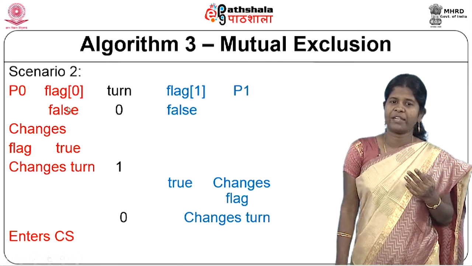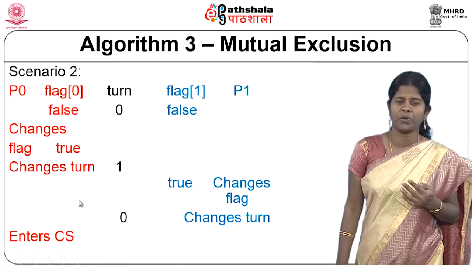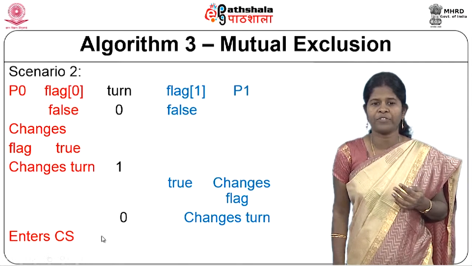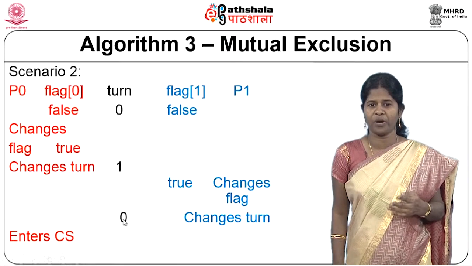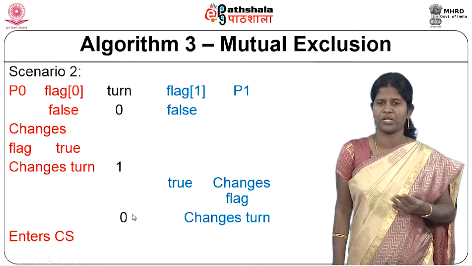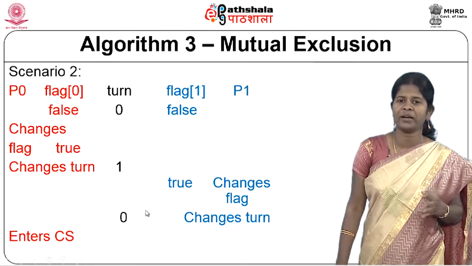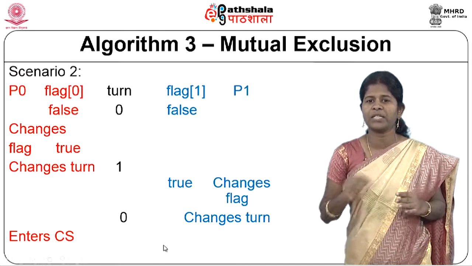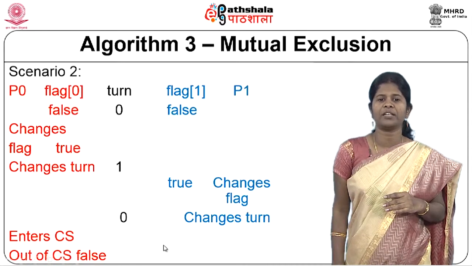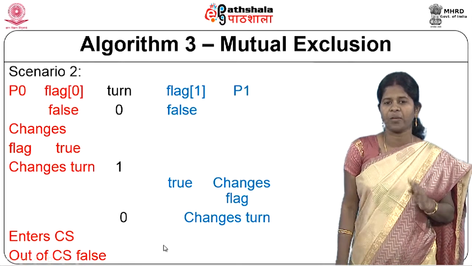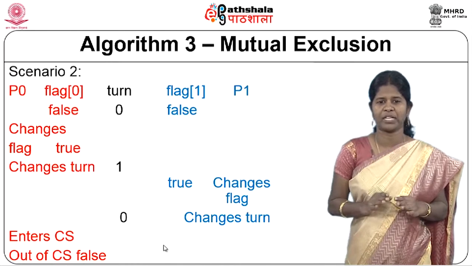It finds that the flag of the other process is true and the turn value is also equal to 0, that is equal to the turn of the other process. So, P1 does not enter critical section, it waits in the while loop.